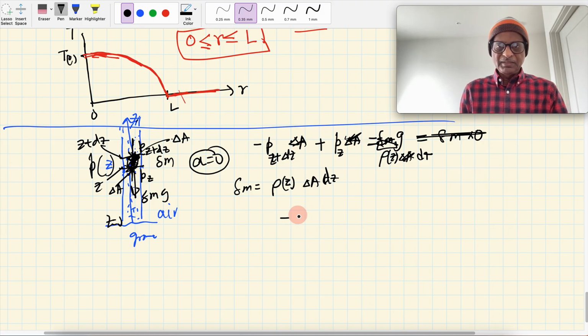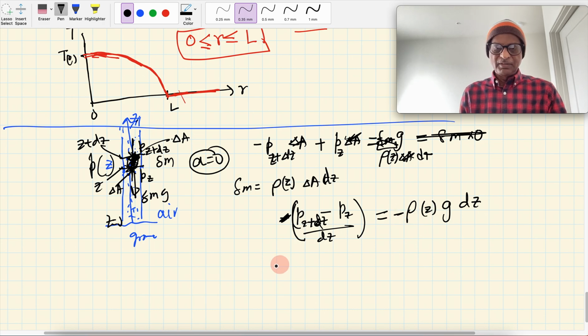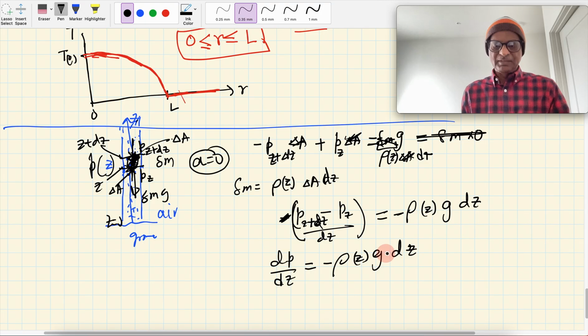So minus P z plus delta z minus Pz, I mean dz, equal to rho g dz. And you can take this minus and put it on the other side. So this is dp dz equals minus rho z g dz.